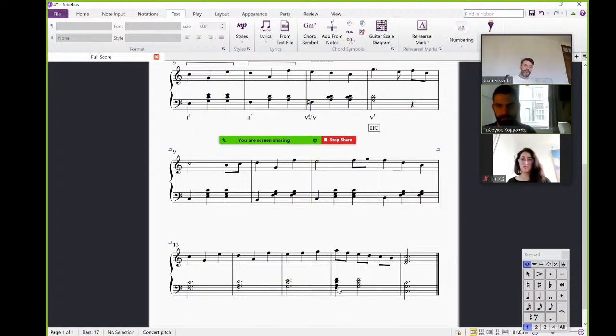This is much brighter than this. So both more pianistic and a bit more, but it could be a second two.